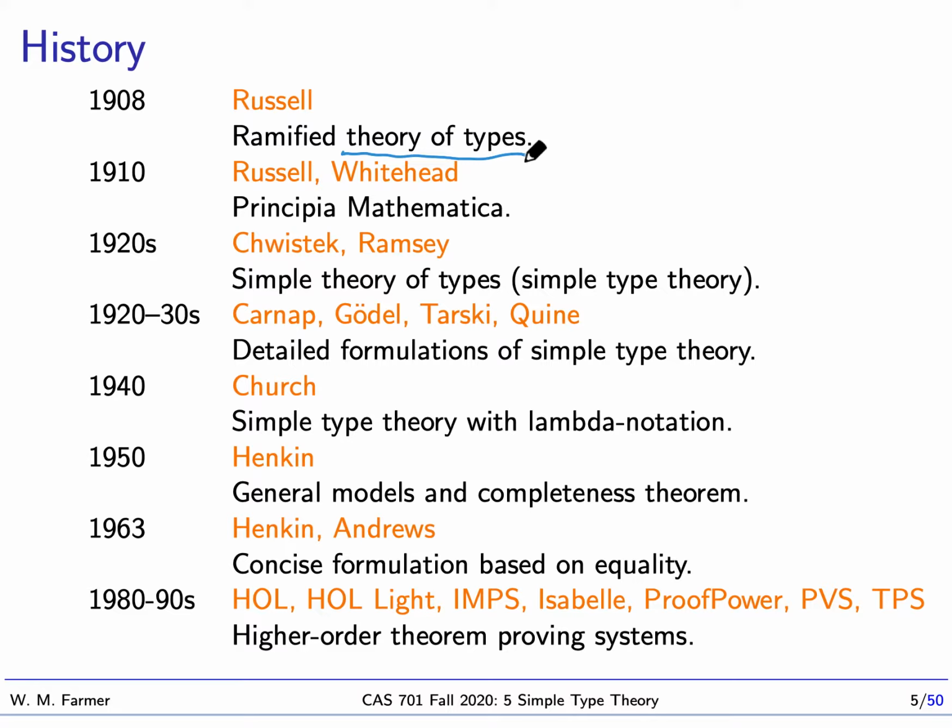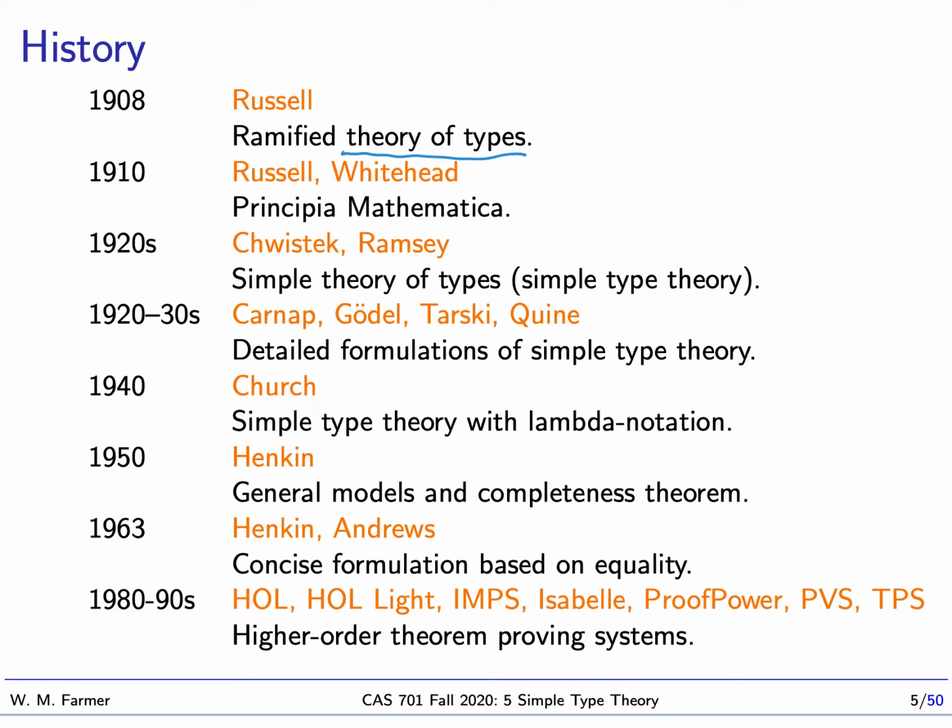So this was one of the really first formalizations of mathematical knowledge, and it was done using the theory of types. Now, the type part of this logic was rather complicated, and Chwistek and Ramsey in the 1920s proposed a simplified version of this ramified theory of types, which was called the simple theory of types, or just simple type theory.